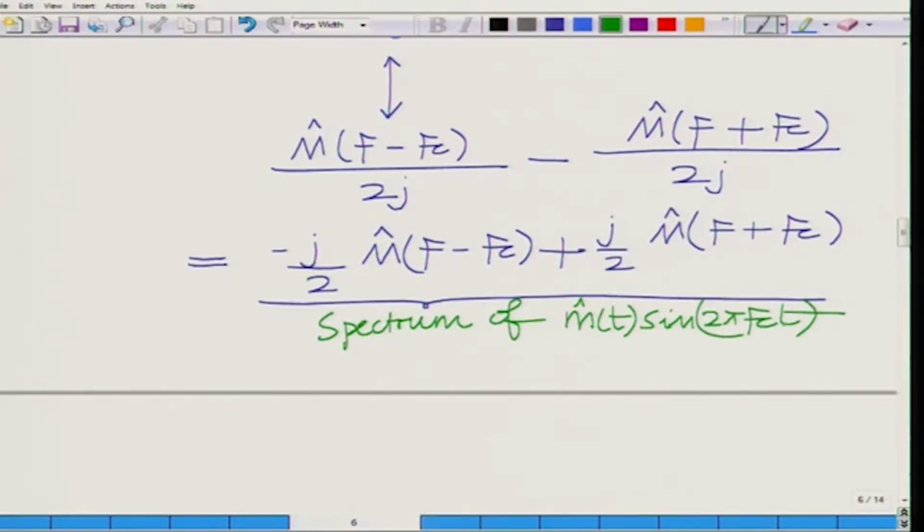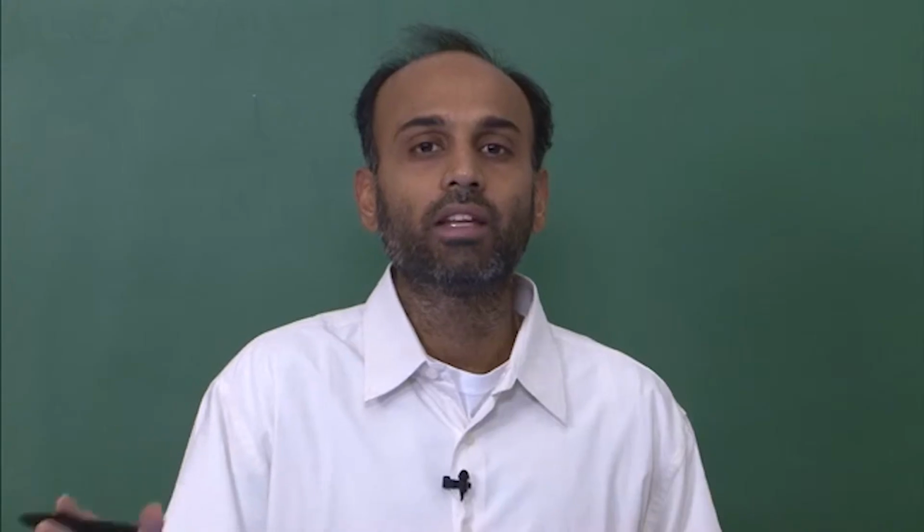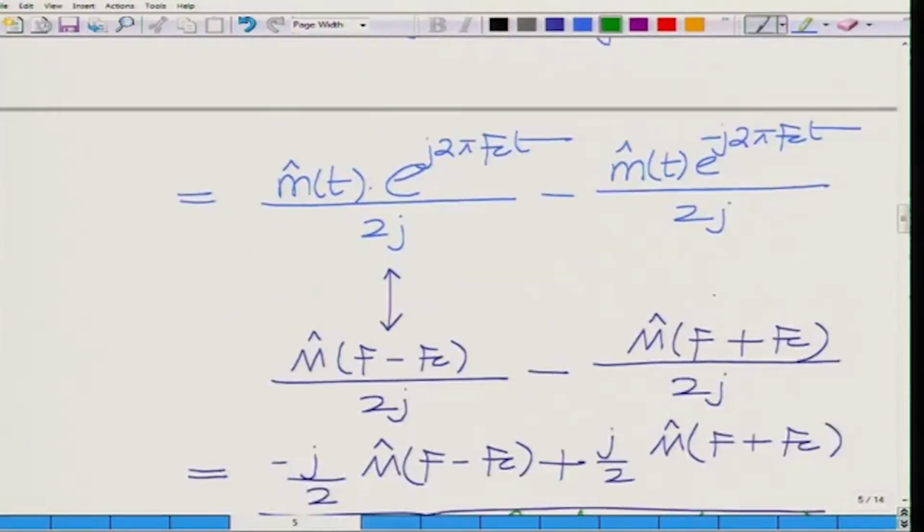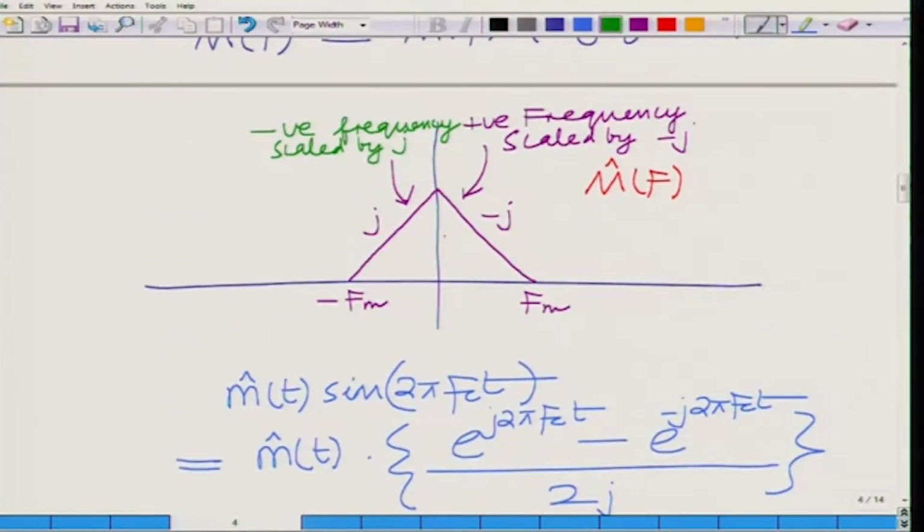So, it has m hat shifted to f c, that is m hat f minus f c multiplied by minus j by 2, and m hat f plus f c that is shifted to minus f c and multiplied by j by 2. And therefore, now if you look at this, this is the spectrum of m hat of f, that is positive band scaled by minus j, negative band scaled by j.